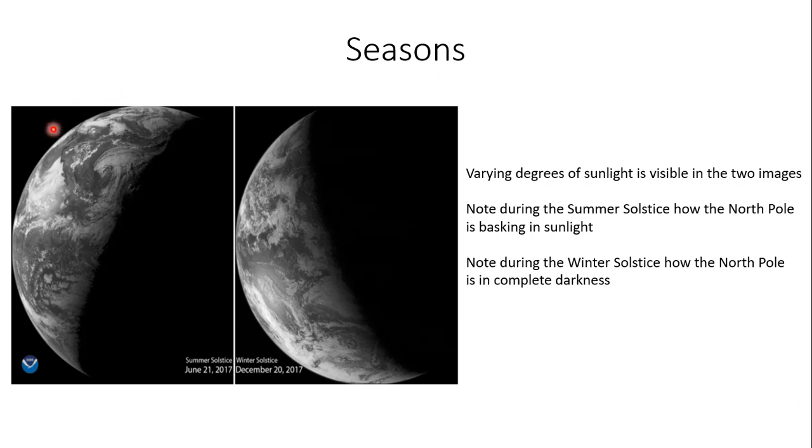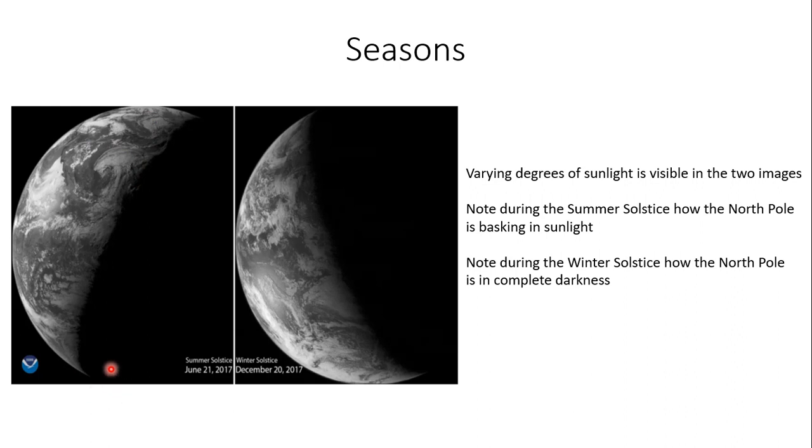And note during the summer solstice on the left, okay? By the way, this is north up here. This is south down at the bottom of each image. So notice over the northern areas of the world how those areas are in light. They're getting sunlight. Notice in the southern hemisphere, here at the bottom part of this image on the left, how it's completely in darkness.